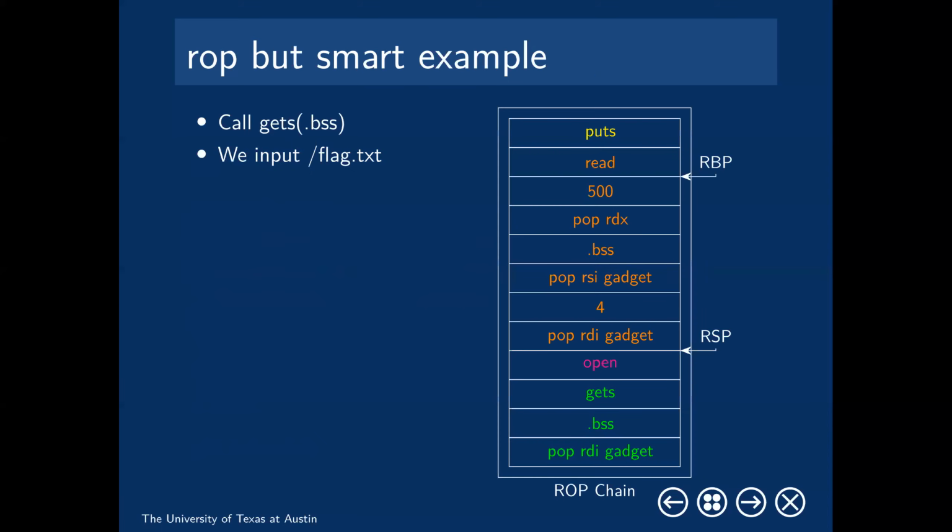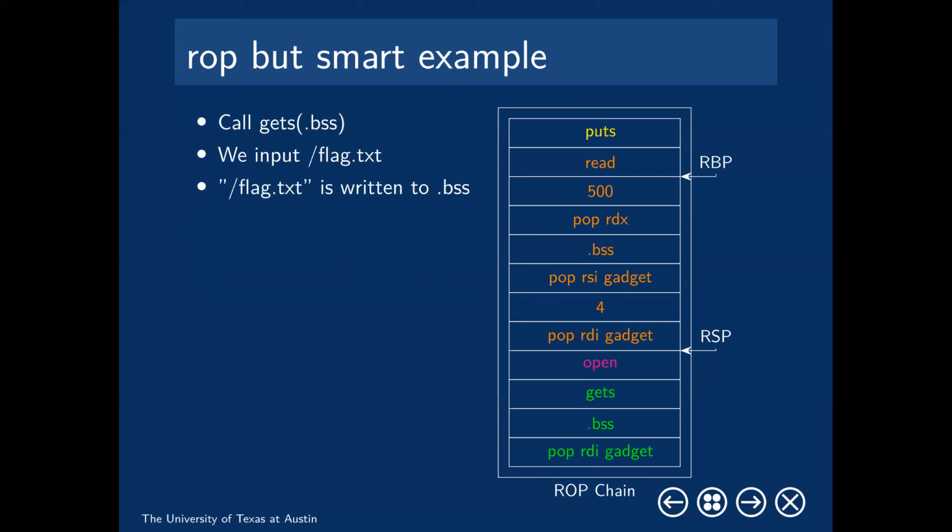So for example, here's a big ROP chain, and I'm going to go through each step of the ROP chain and explain what's going on. First we could pop RDI and then put in the BSS address and then call gets. So this is going to read a string from the user. And let's suppose for the purpose of example that we input /flag.txt.